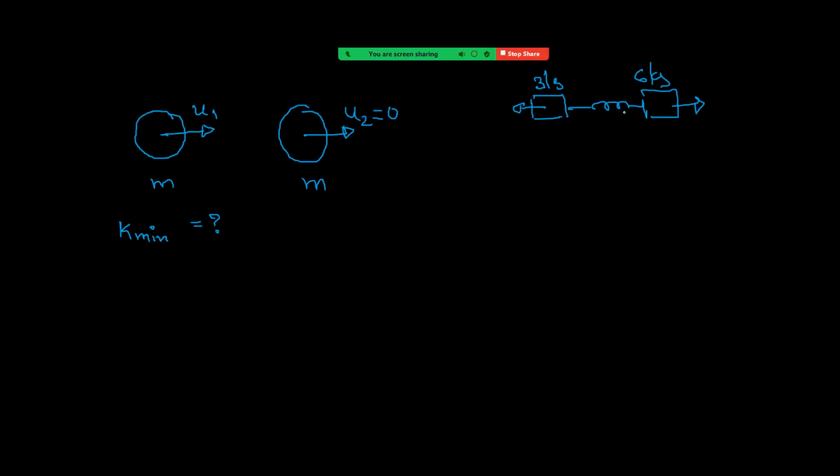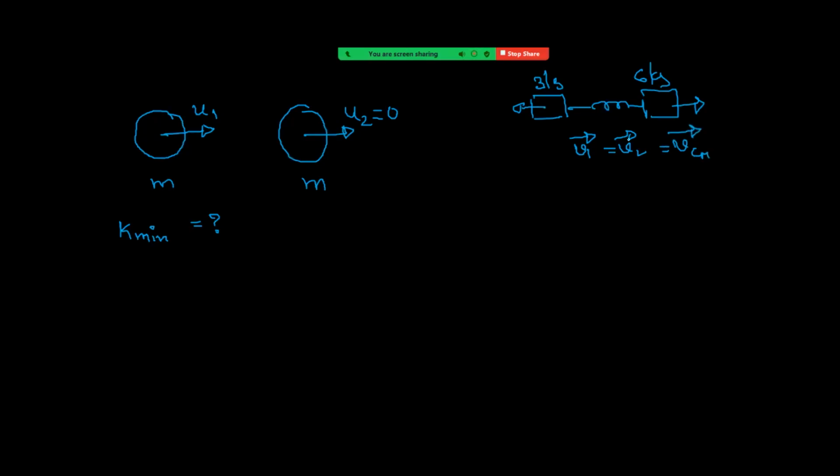Compression maximum means spring potential energy maximum. That means for the system, kinetic energy is minimum. So in that we have discussed that at the time of maximum compression or maximum elongation, their velocities are equal and equal to the velocity of center of mass, VCM.